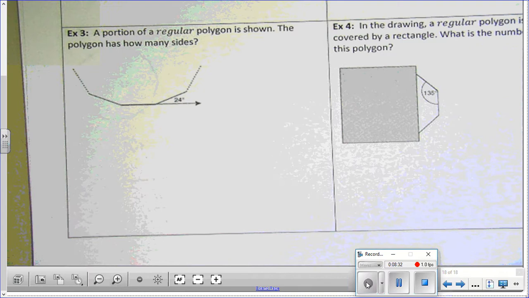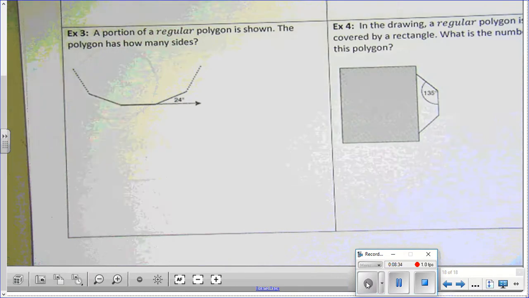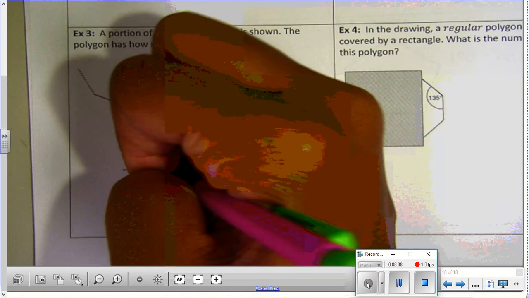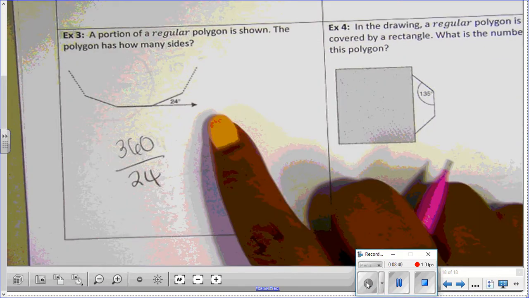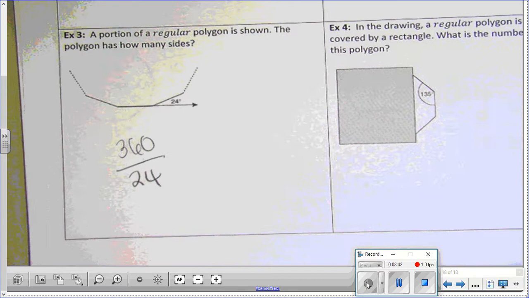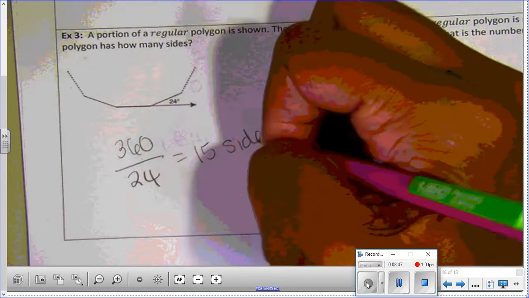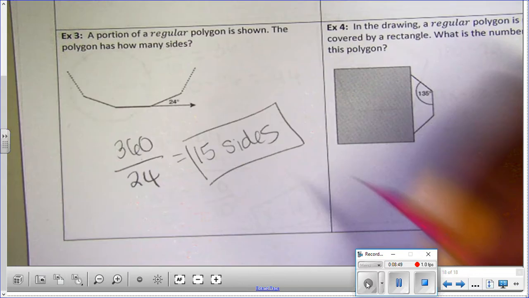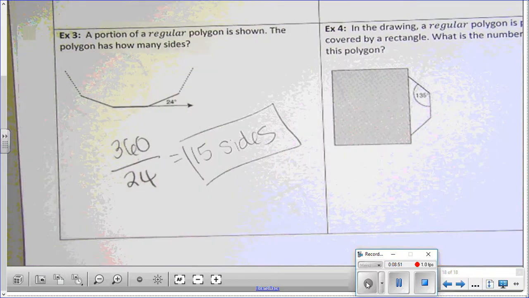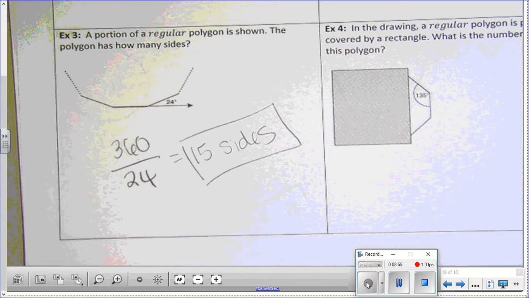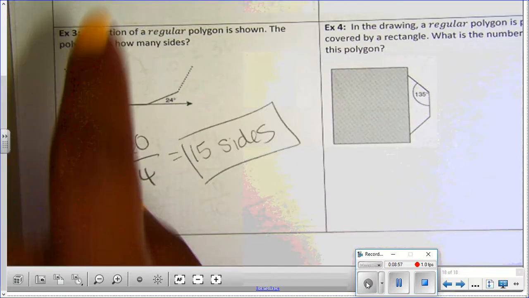So if you have an exterior angle, you can figure out how many sides there are by doing 360 divided by 24. So it's just making sure you recognize that's an exterior angle. And so this polygon has 15 sides. And so this is like example 1, just in picture format.